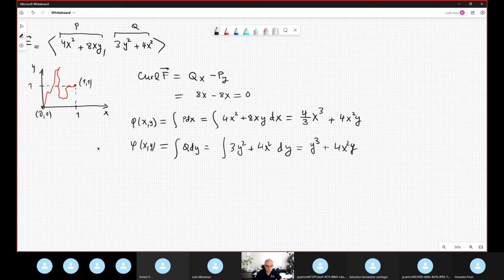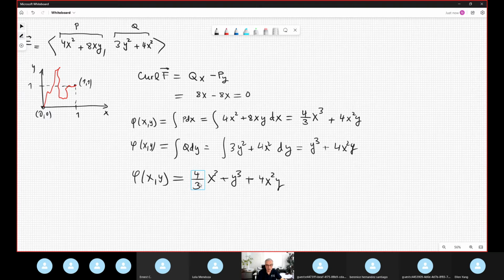So my potential function is the collection of every expression that appears in the antiderivatives. That is the antigradient. You take everything together: 4/3 x cubed plus y cubed plus 4x squared y, where the repeated term you take one time. This is my potential function.